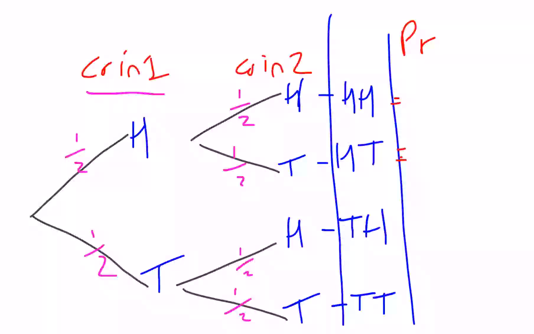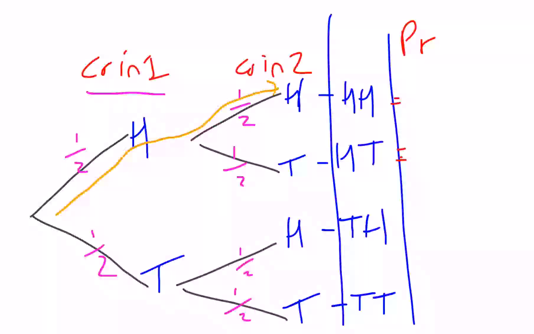The probability of getting heads and heads is 1/4. This is useful to know when you're playing that game called heads or tails. We can actually work out the probability mathematically by multiplying the probabilities along the line.